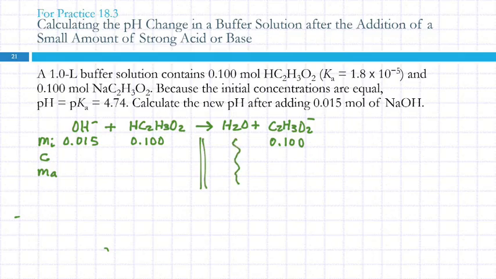And we don't care about the water. So one of these things is smaller than the other, right? The 0.015 is smaller. That's going to get all used up. So subtract 0.015, subtract 0.015, and on the other side of the arrow, add 0.015.